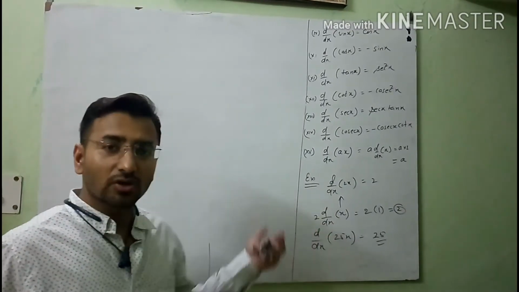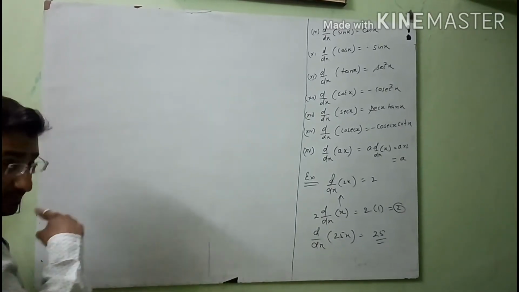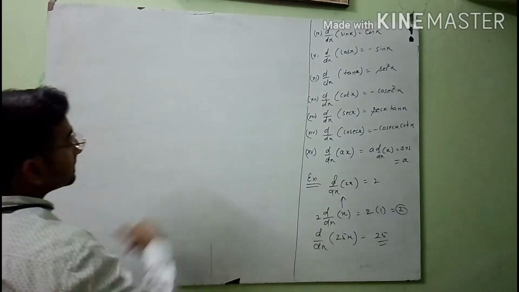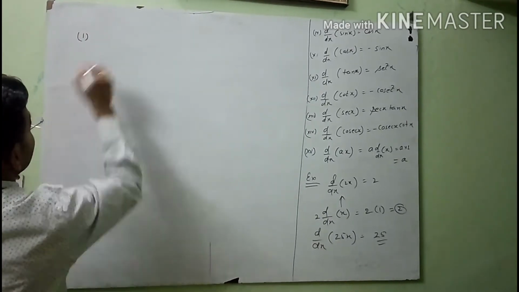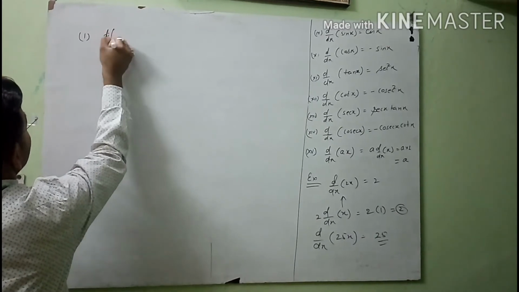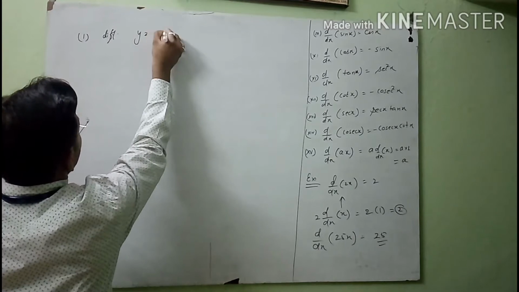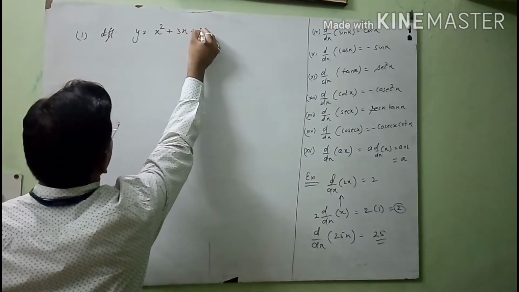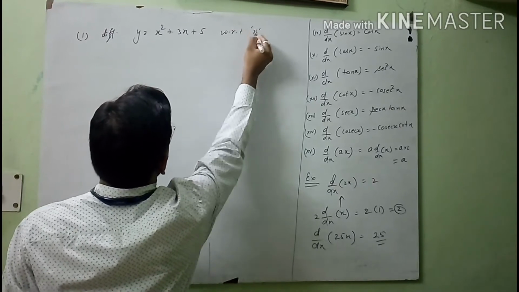And similarly we will solve this type of question here. From the previous formulas which I have written before this, I am giving you one example. Differentiate y equals x square plus 3x plus 5 with respect to x.